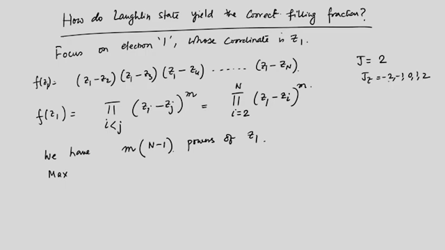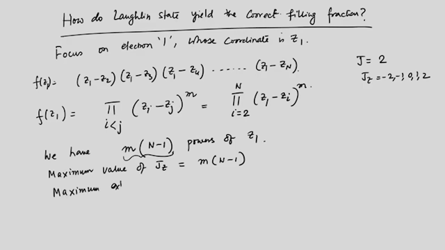So the maximum value of jz in this particular case, for this single particle, is m into n minus 1, because that power is nothing but the angular momentum that appears in the wave function. You just read off the power and you get the angular momentum. So this is the maximum value of jz.